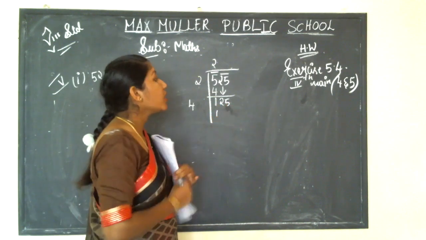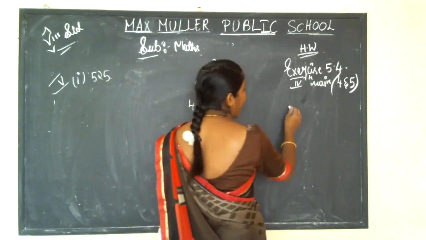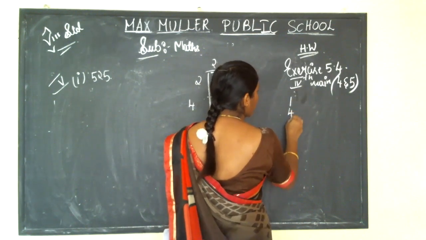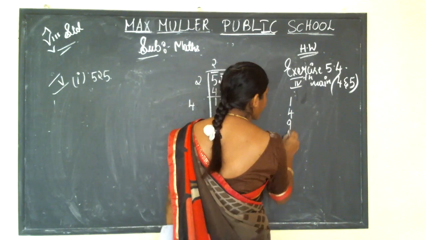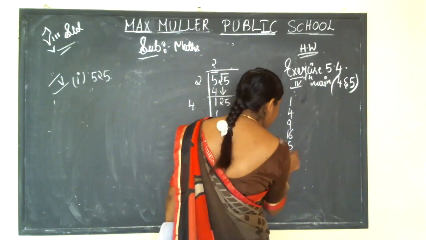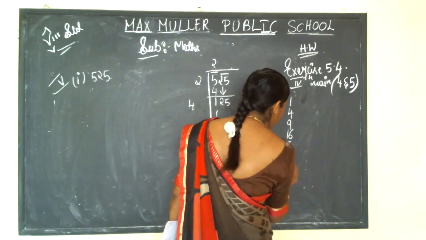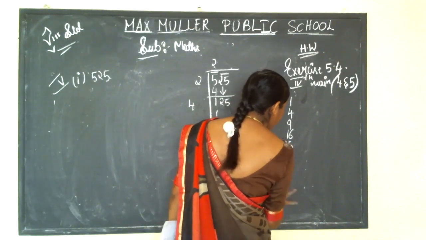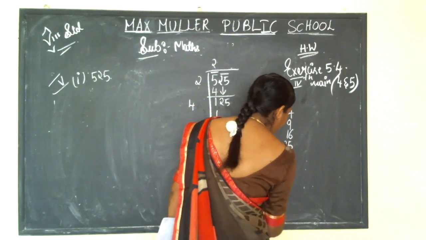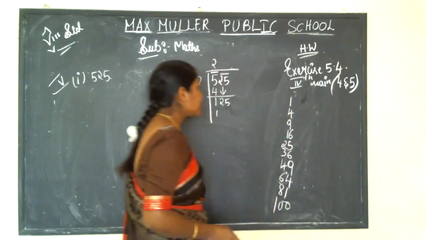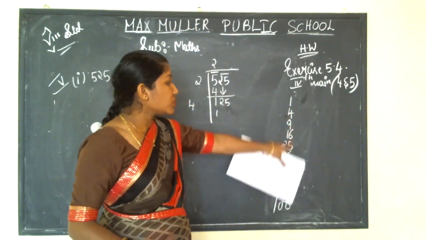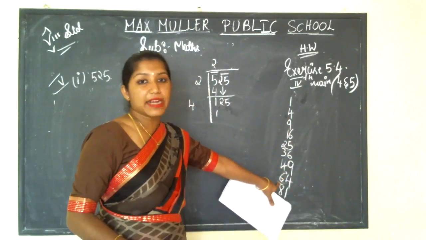Okay, as I wrote here, 1 square is 1, 2 square is 4, 3 square is 9, 4 4s are 16, 5 5s are 25, 6 6s are 36, 7 7s are 49, 8 8s are 64, 9 9s are 81, 10 10s are 100. See, the numbers are like this. So, 4 here is 2 square or else 8 square.